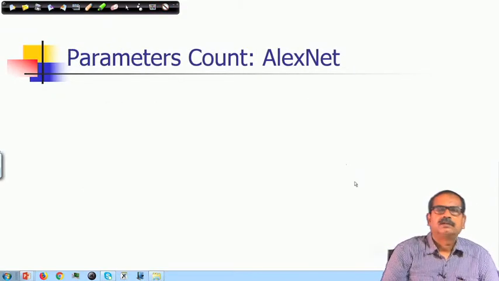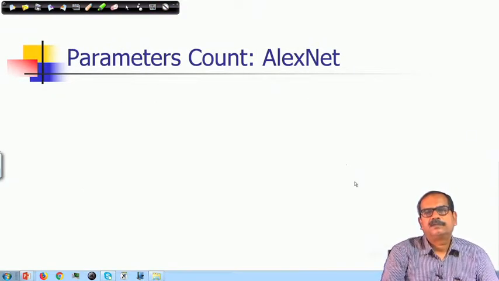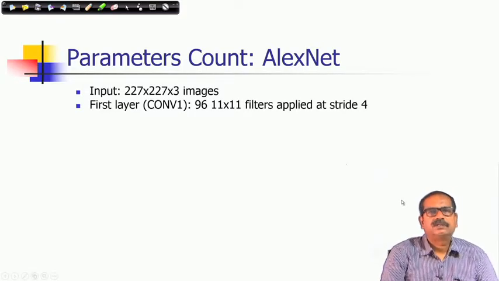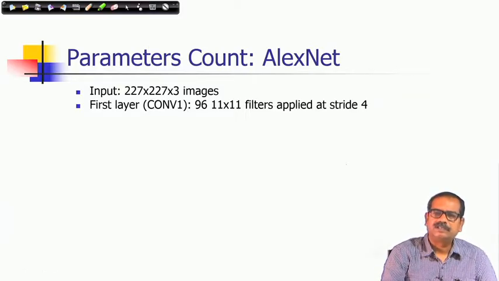If I would like to count the parameters of AlexNet, let us consider how the parameters could be counted. Consider the input image size of 227 cross 227 cross 3. That is the input size. It was not 224, it is 227 cross 227 cross 3.